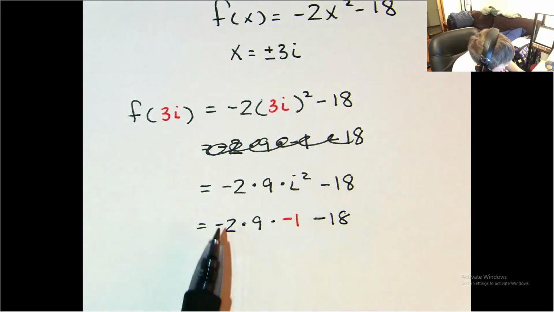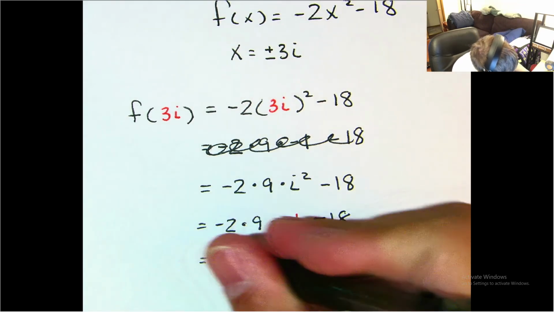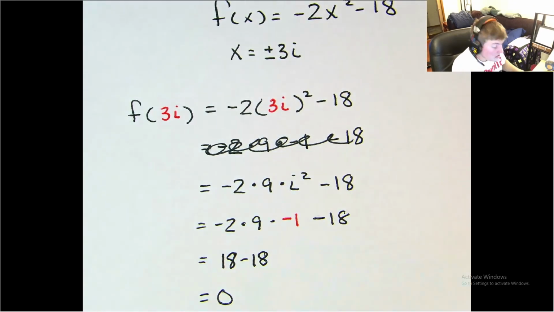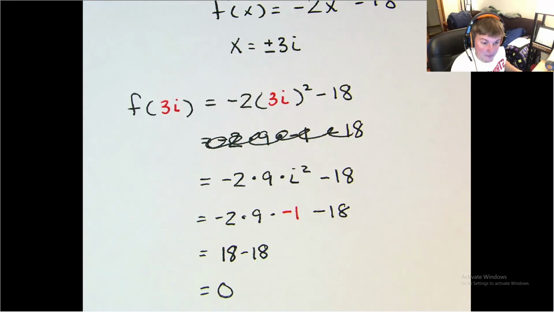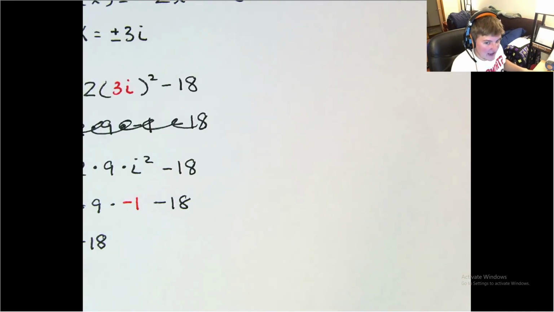So negative 2 times 9 is negative 18, times negative 1 is 18. So we get 18 minus 18, and that's equal to 0. So this is indeed an x value that makes this equal to 0. But that's just the positive version of this. Let's explore the negative version.